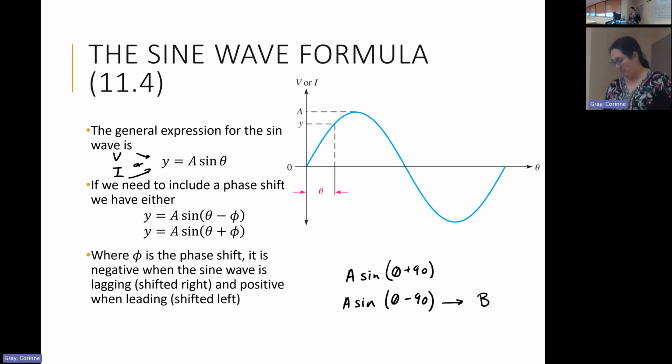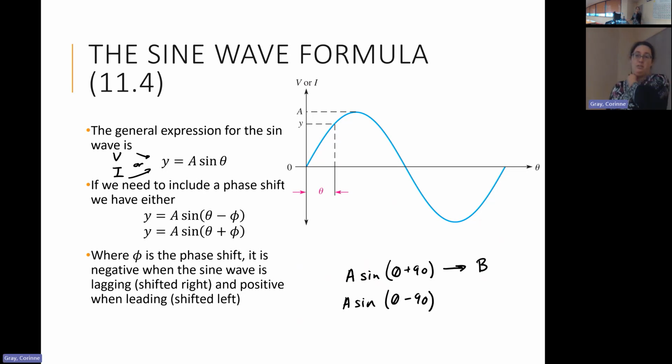Oh, sorry, it's positive. I wrote them flipped from what I had over there. That's my bad. It's going to be this positive one here because it's leading. So anytime you see leading, that indicates you're using the positive value. If you see lagging, that indicates you're using the negative.